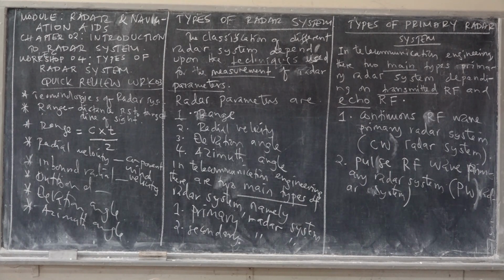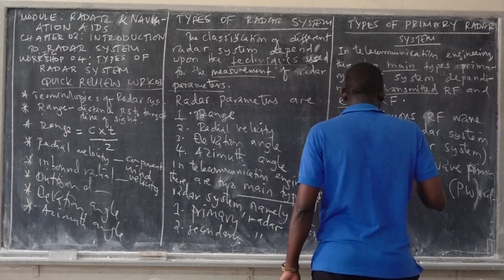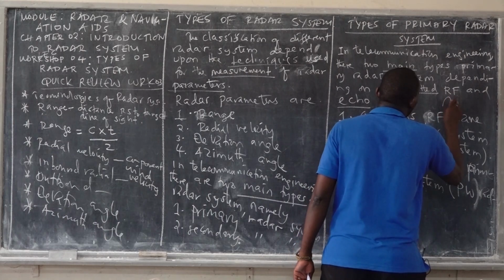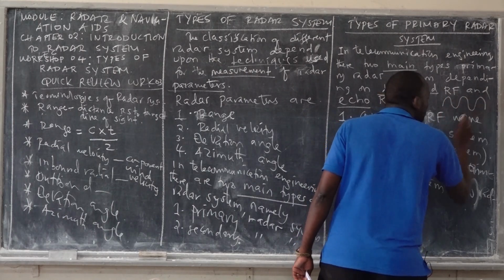So it means that it will send pulses. And for the first type, it will be sending a continuous signal. A continuous signal might be a sinusoidal signal. This is the continuous signal.